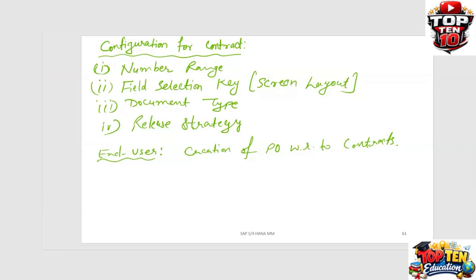Go to define screen layout. So there are two field selection keys, MKK for the quantity contract, WKK for the value contract. Do one thing, copy as ZA MKK. Now in the field selection key, one by one we can go to the screens.